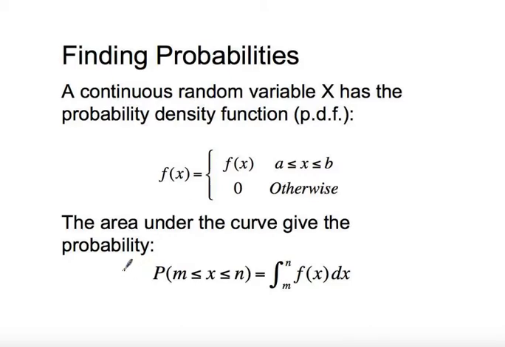So that leads to the idea of how we find probability. Now if we have a probability density function defined as we do here, so f of x is defined between some values a and b, then the area under the curve gives the probability as I mentioned previously. So if I want to find the probability between two values m and n, assuming that they lie in this range a, b, then I integrate between the values m and n.